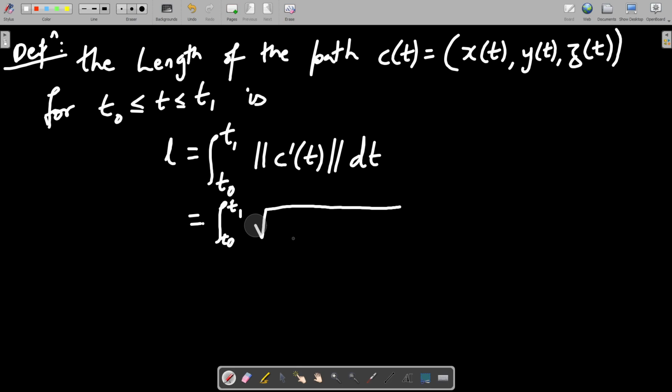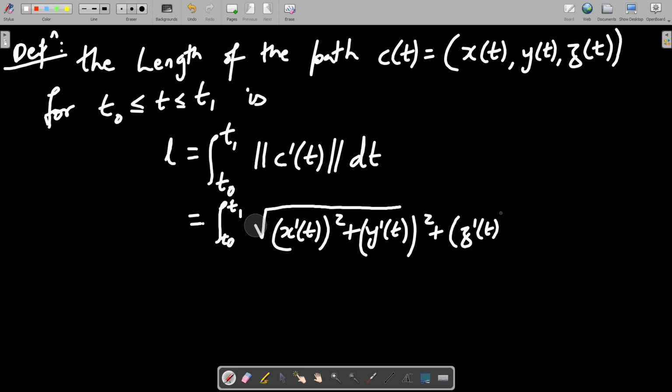So this is going to be the square root of x prime of t the whole square, y prime of t the whole square, and z prime of t the whole square, dt.